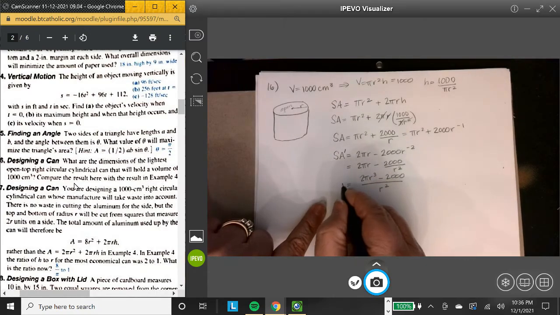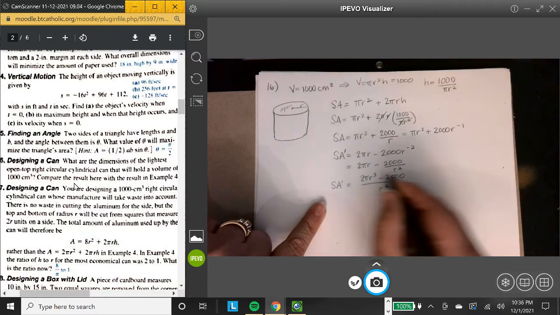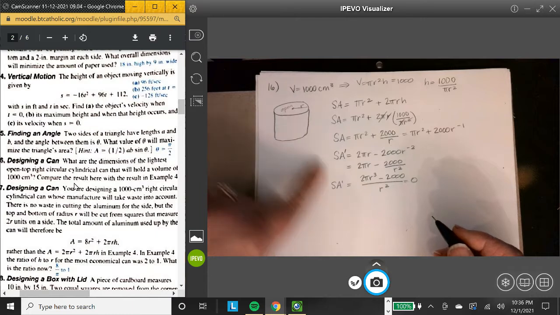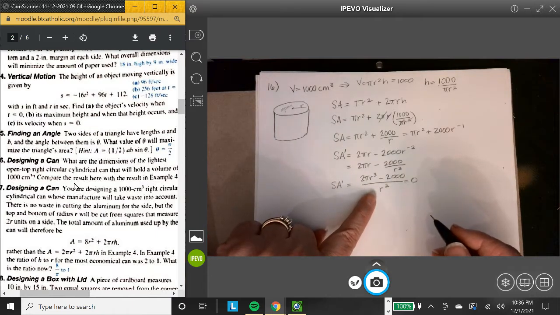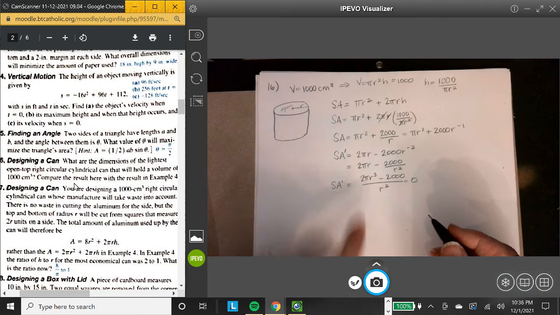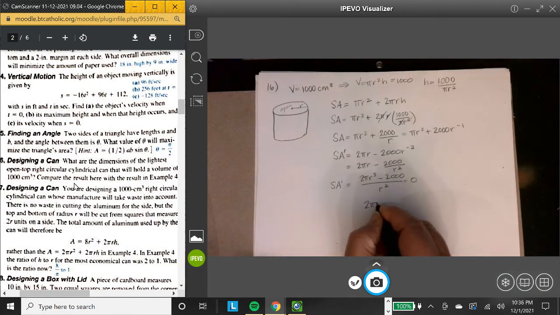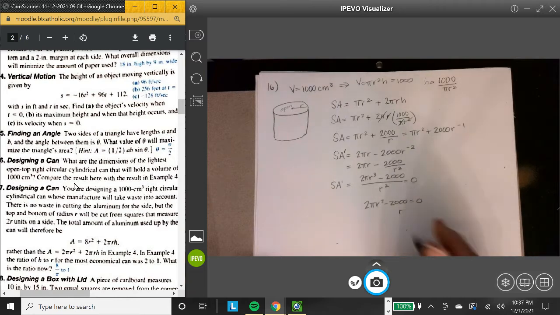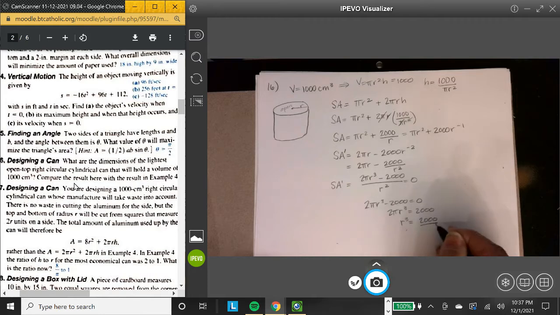I'm going to set that derivative, SA prime, equal to 0. If r is 0, I don't have a can. So that's not going to be a possibility as one of my answers. So I set the numerator equal to 0, which is 2 pi r cubed minus 2,000 equals 0. I get 2 pi r cubed equals 2,000. R cubed equals 2,000 over 2 pi.